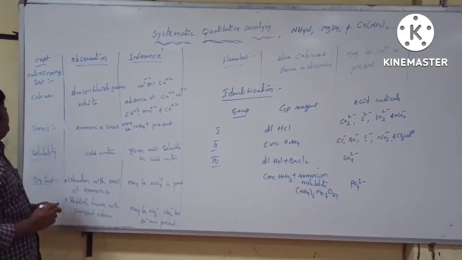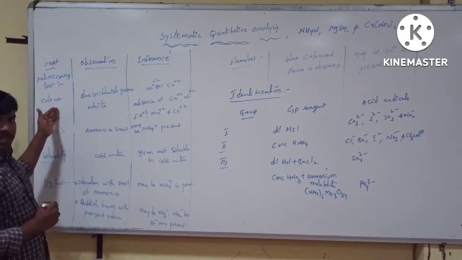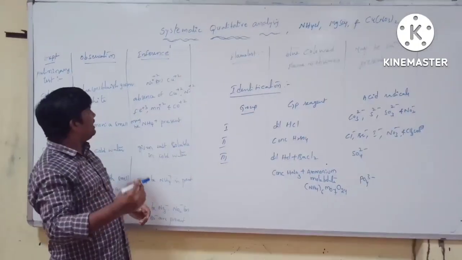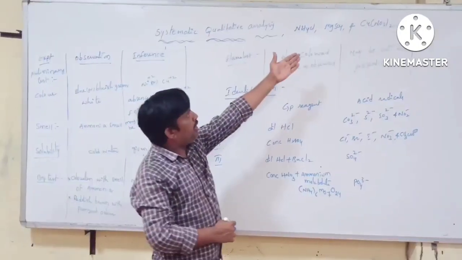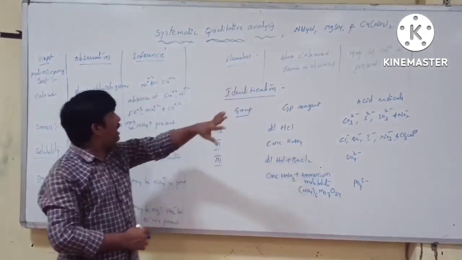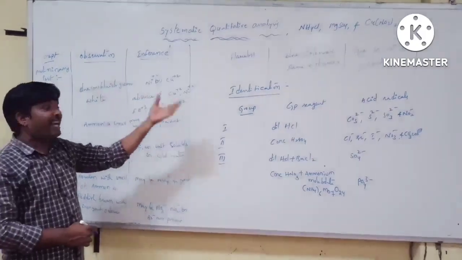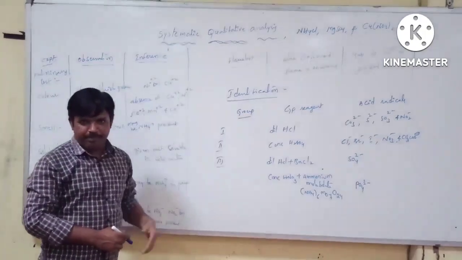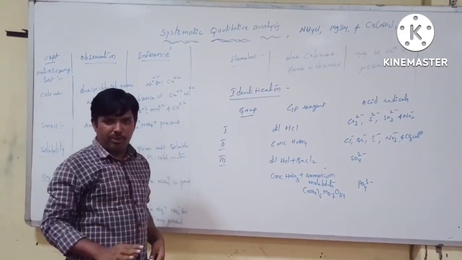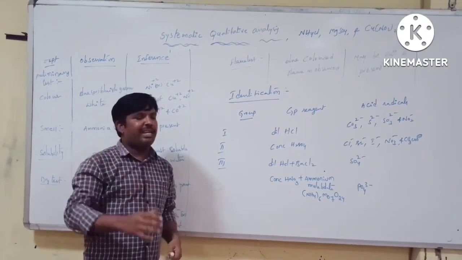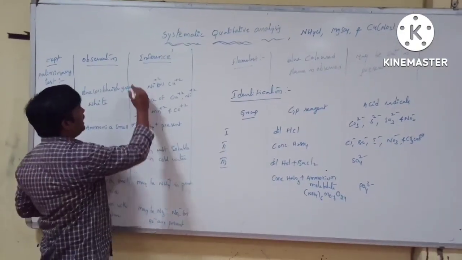Then we go forward with our experiment. First, the preliminary test: color. మనకున్న కలర్ ఏంటి, బ్లూ కలర్ ఒకటి ఉంది, వైట్ కలర్ ఒకటి ఉంది. If the salt is blue in color, there may be a chance of presence of nickel or copper. అంటే కాపర్ డైరెక్ట్ గా ఉందని మనం రాయొద్దు, therefore రైటింగ్ స్కిల్స్ నేర్చుకోండి.